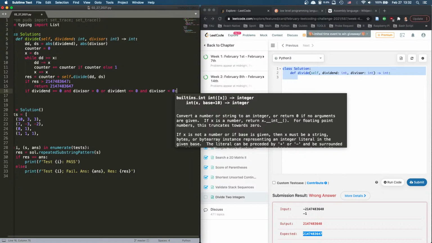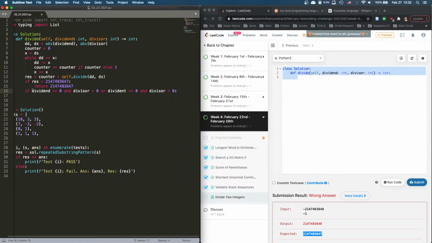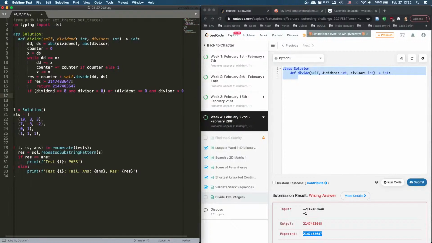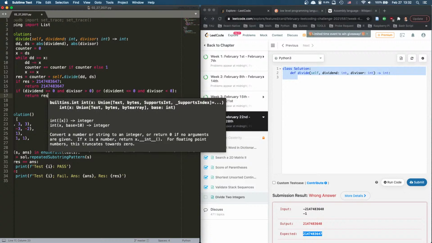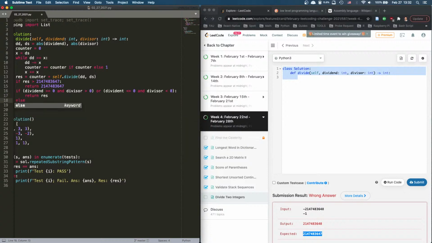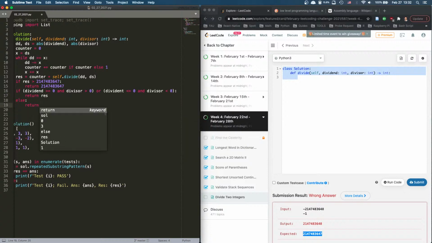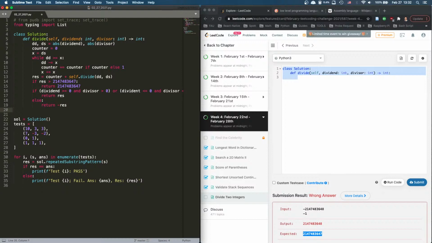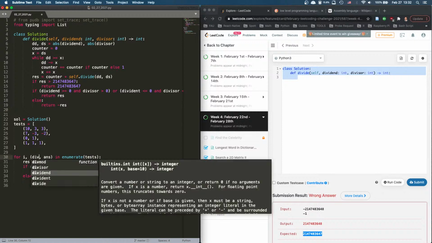So this is our condition, and I'm going to put 2 parentheses on it so it makes more sense. And then we return res, else we're going to return minus res. So I'm trying to avoid using multiplication as much as I can. And we can give a shot now.